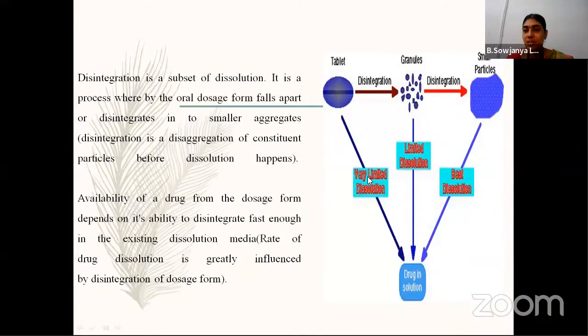These are all called unofficial tests. Only the official tests are weight uniformity, drug content and friability. Sometimes friability is also called unofficial, but USP friability is an official tablet evaluation test. So tensile strength is an unofficial test.